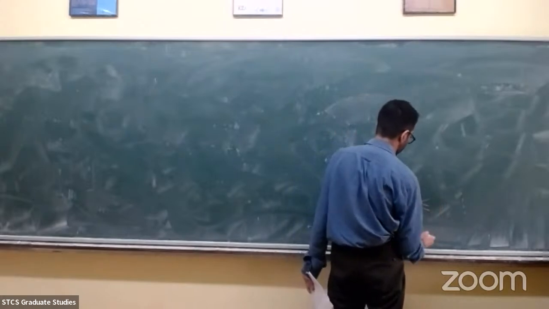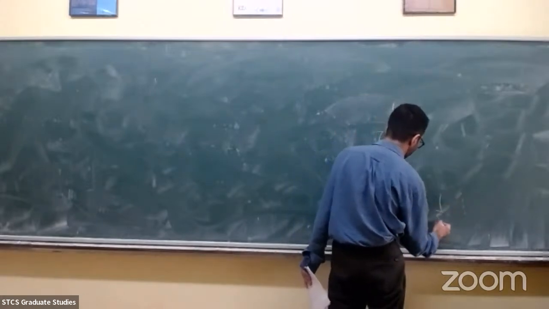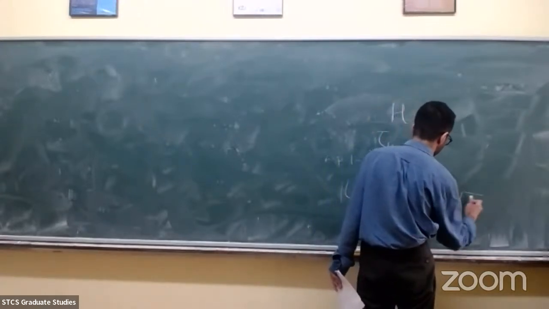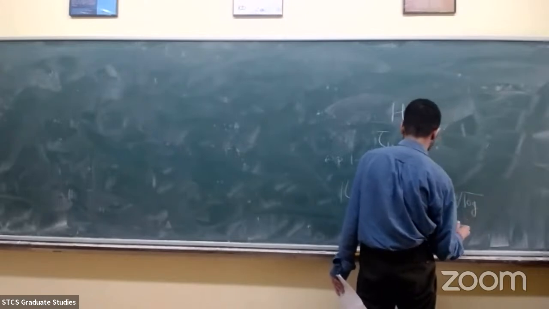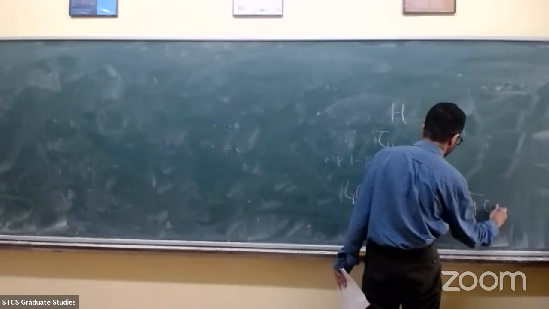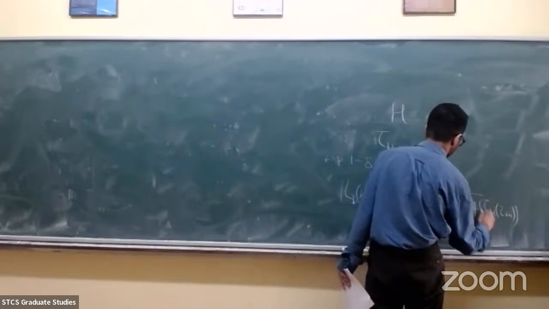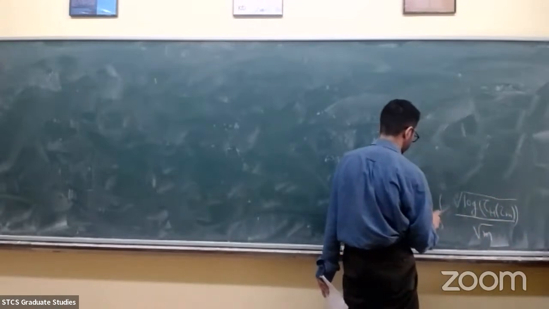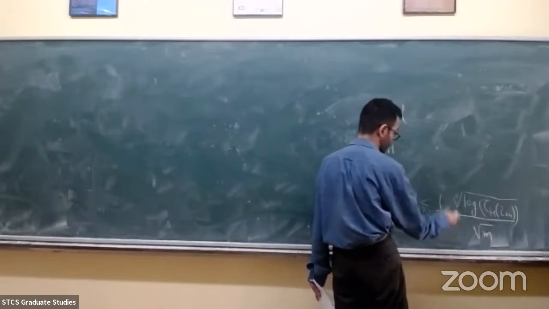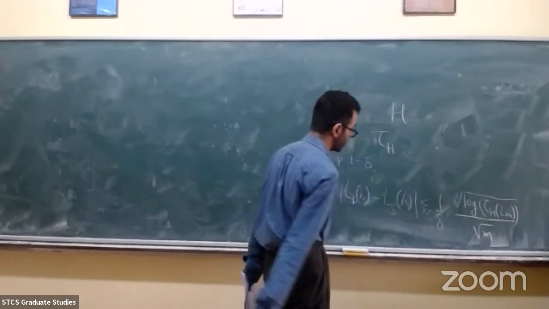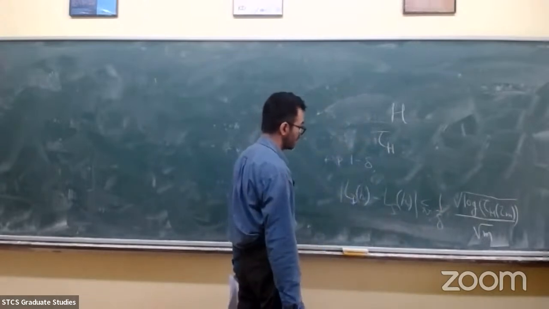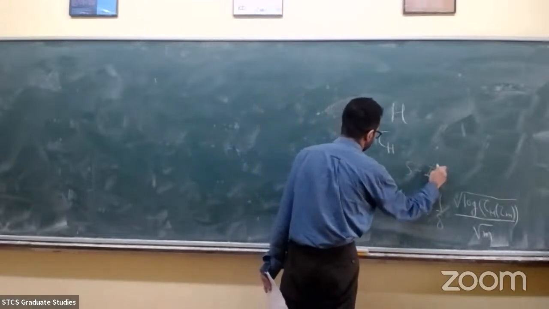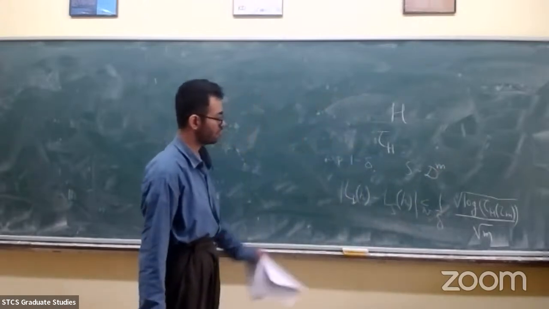It's going to be at most something like 1 over delta times the square root of log tau_H of 2m over m, with some factors, so approximately. There are some factors that I have not written, but roughly it was this. Where S is m samples. And so we showed something like this.